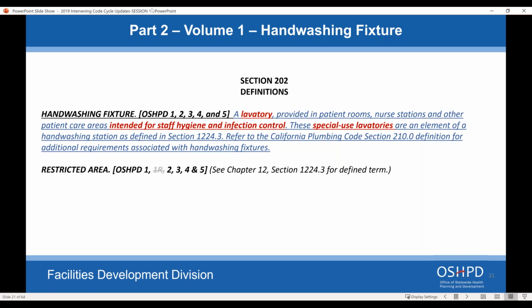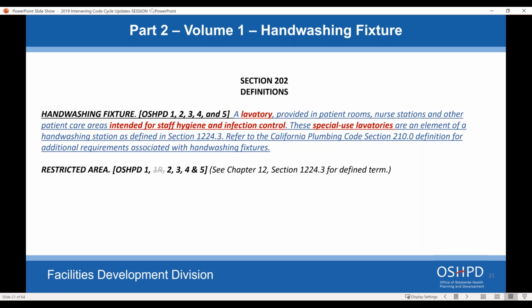Okay, for the definition of hand washing fixture, it's been clarified that it's a lavatory, which is a difference between a lavatory and a sink, because a lavatory is what you use for washing your hands or your face. A sink is for pots or pans or other types of utensils. A lavatory provided in patient rooms, nurse stations, or other patient care areas intended for staff hygiene and infection control.